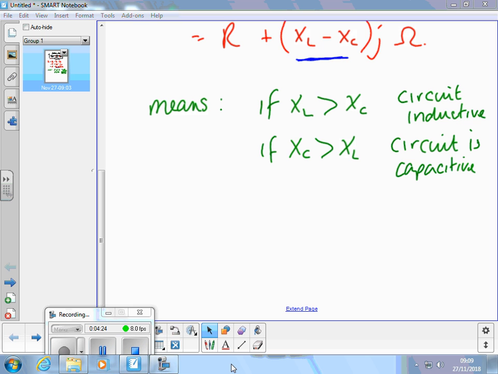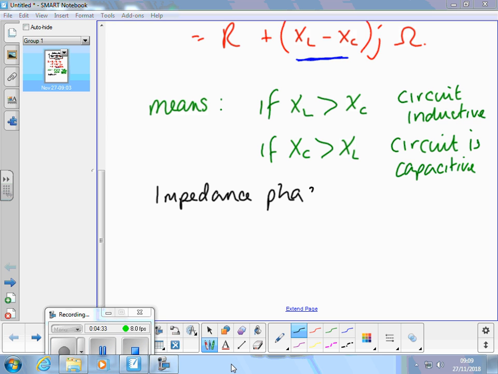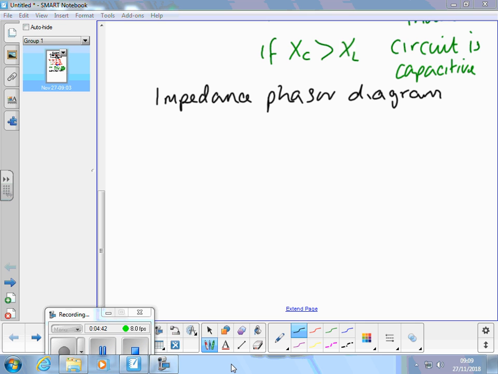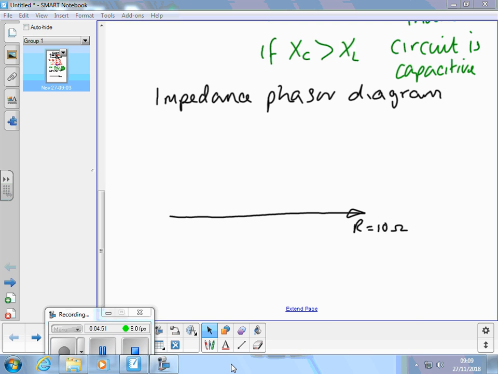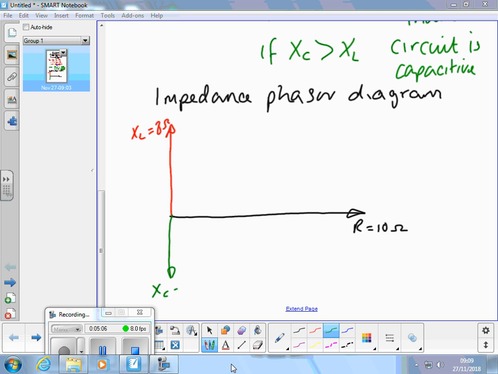So if we look at the impedance phasor, what we've got is resistance at 10 ohms, XL at 8 ohms, XC at 6 ohms.